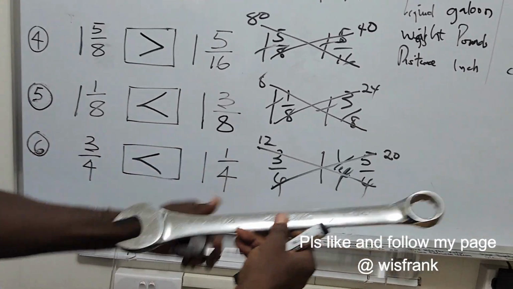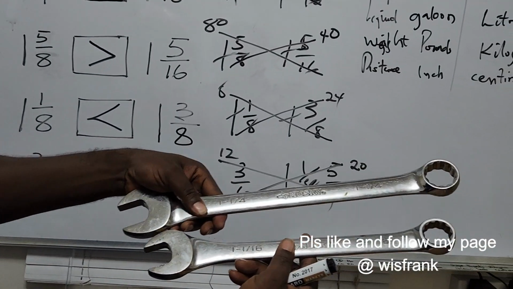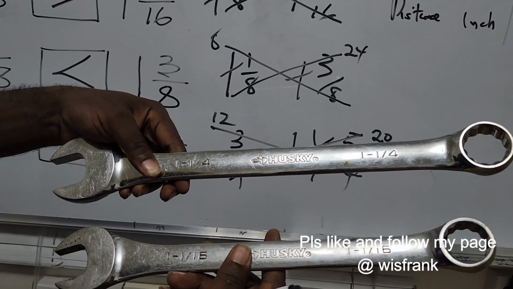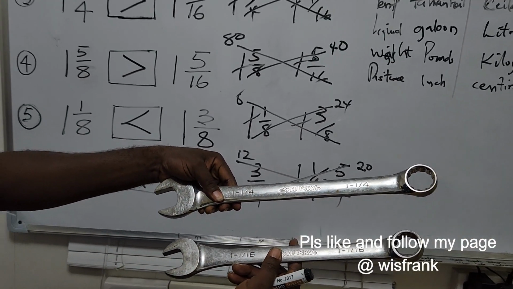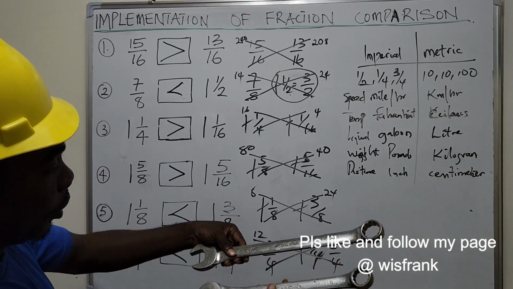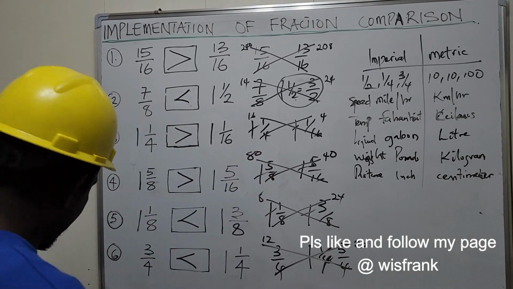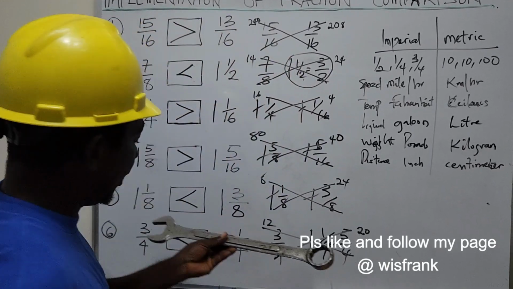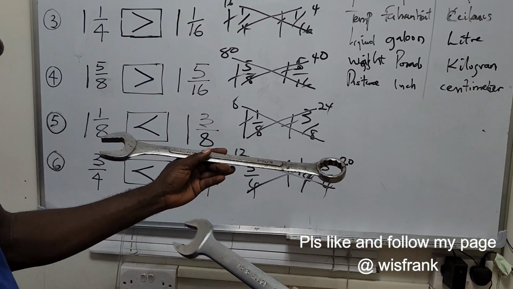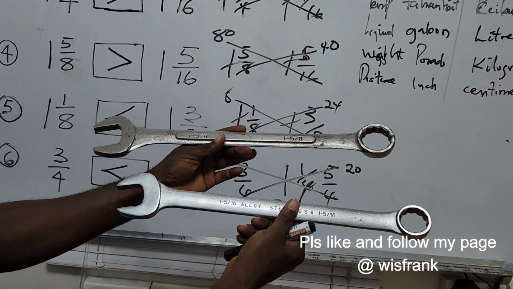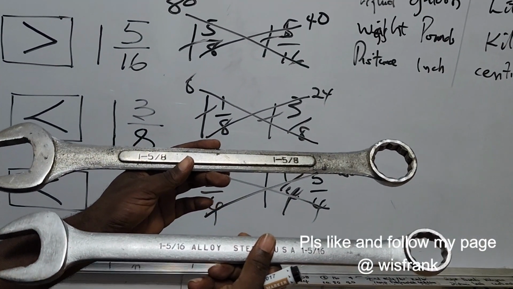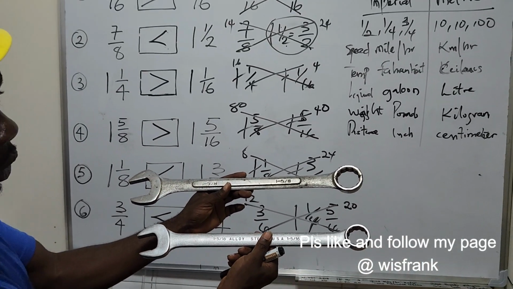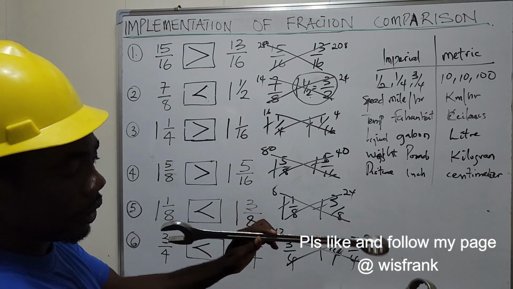Here we can see that 1/4 is greater than, or bigger than, 1/16. Then we have number 4, which is 5/8 here and 5/16. We can all see that 5/8 is greater than 5/16. These are the two spanners.